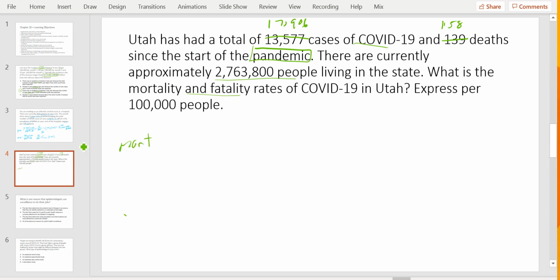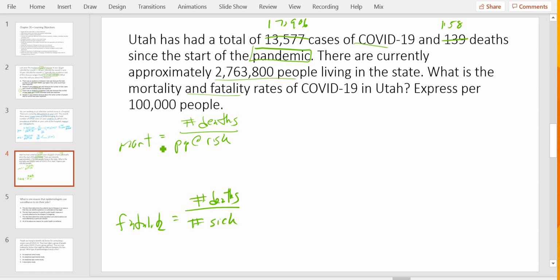They're both dealing with the number of deaths, but mortality is looking at your number of deaths compared to your entire population at risk, versus fatality is the number of deaths from people who have gotten sick. Okay. Mortality is telling you, if you live in this state, what's the chance of you dying from COVID-19?